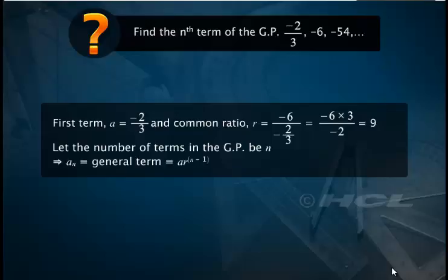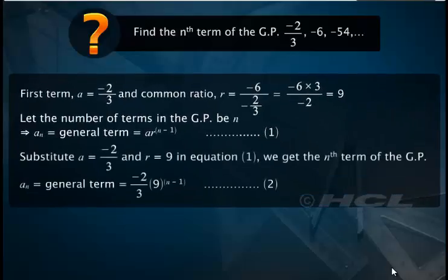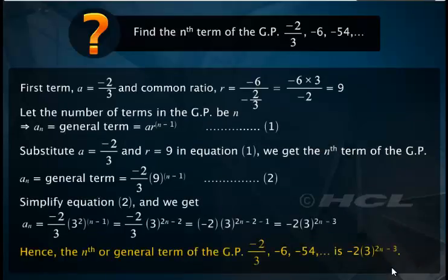We know that the nth term of a GP is given by the general term as shown. Label this equation 1. In equation 1, substitute A with minus 2 over 3 and R with 9 as shown. Simplify equation 2 to get the general or nth term of the GP.